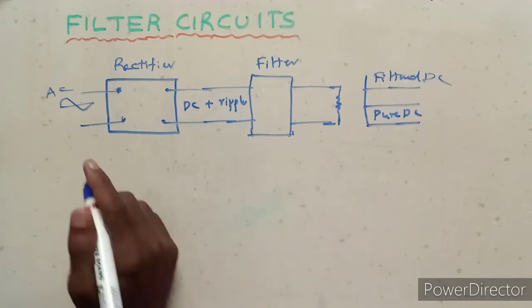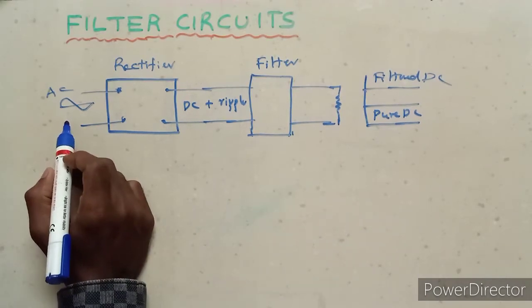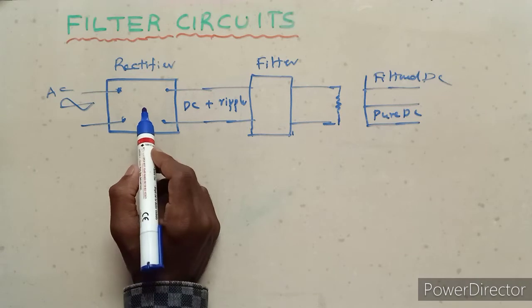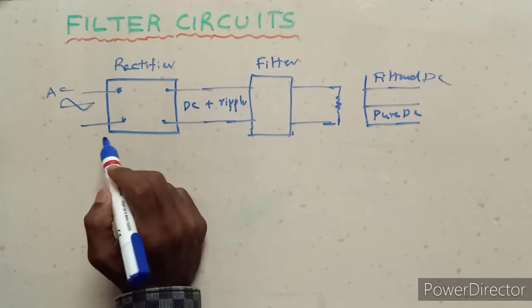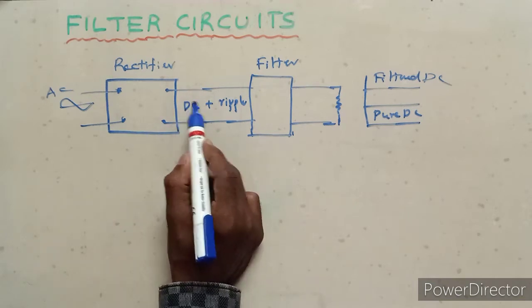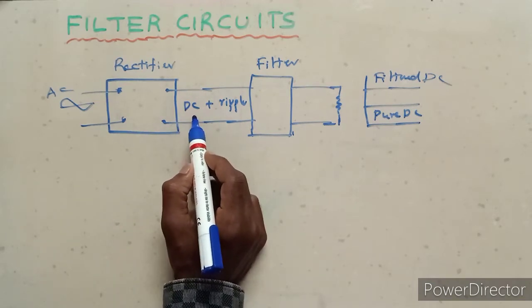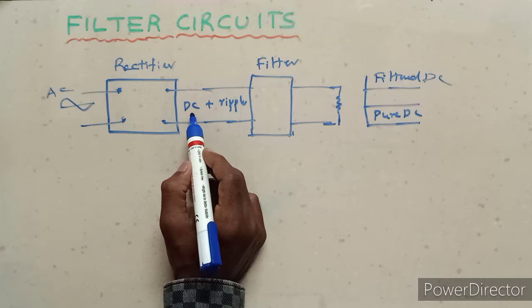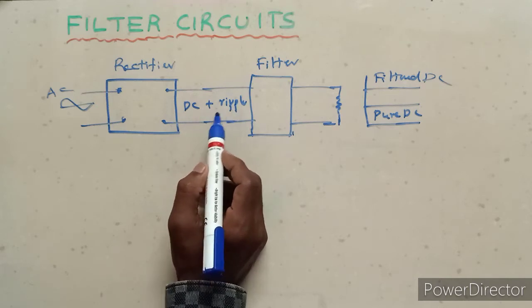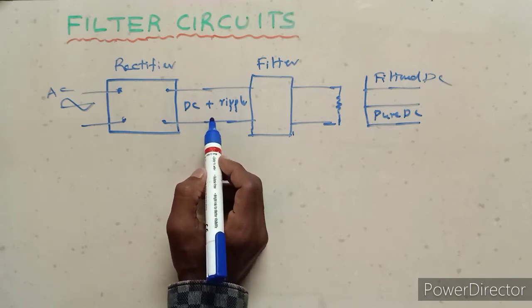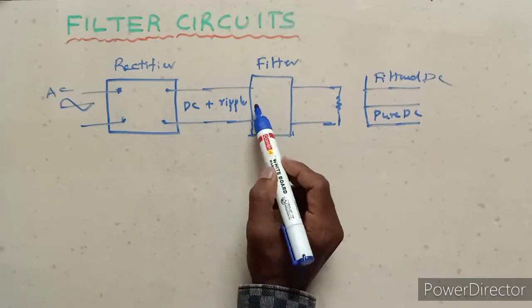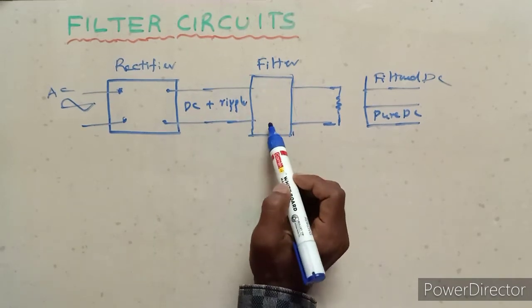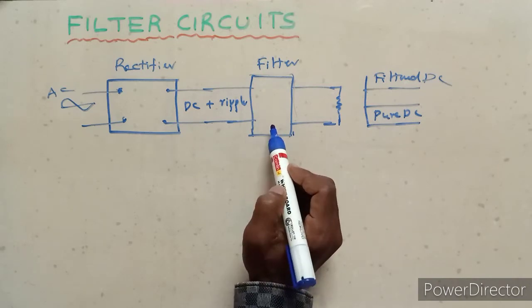So first of all, AC input voltage is applied for rectification of AC voltage through the rectifier. This is the rectifier, so the output is DC. This output DC has ripples, so it is pulsating DC. Then this pulsating DC goes to the filter. So this is the filter circuit.